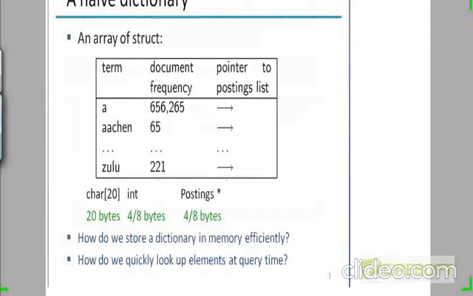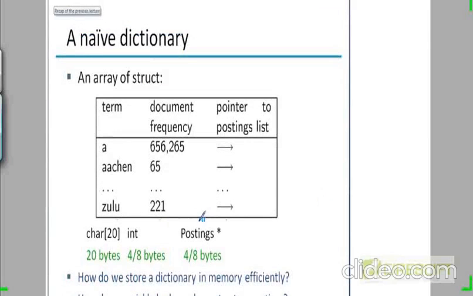Here's the simplest way to implement a dictionary. Diagrammatically you can just think of storing all the terms in a sorted array, an array of structures where the terms are sorted lexicographically, and you're storing the document frequencies as integers alongside the terms, and you're also storing pointers to the postings list alongside the terms.